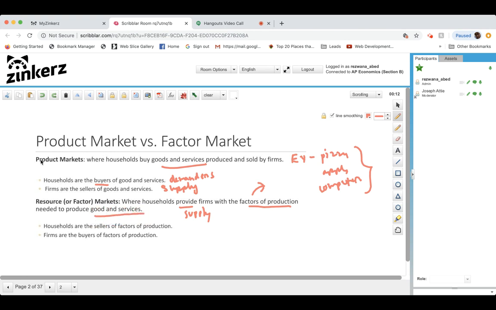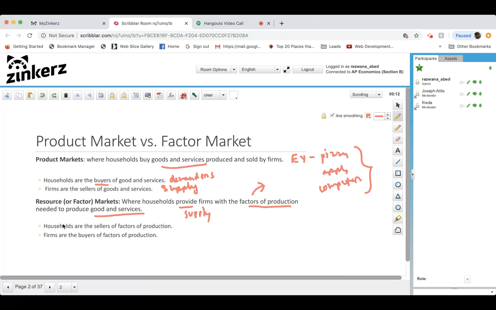So it's not like they're unrelated, right? The product markets and the factor markets, they're related to each other because firms, in order to produce goods and services, need to buy these factors of production, and they buy them from the households. Only if households provide them can the firms then use these factors of production to produce the goods and services that are then going to be bought by the households in the product market.